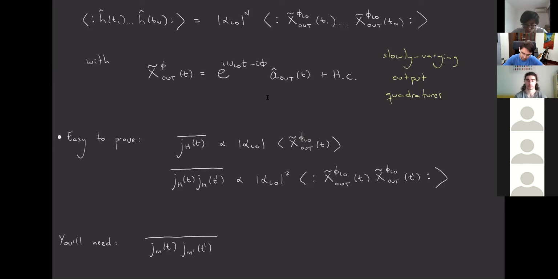Okay. Then in this case, and of course you can extend this to any correlation function of several photocurrents or several photodetectors, it can be proven that this is proportional to the correlation, in normal order, between the corresponding photon number operators. So this is just a very natural generalization of what we already saw for one single detector.